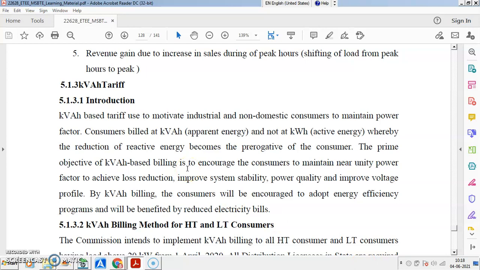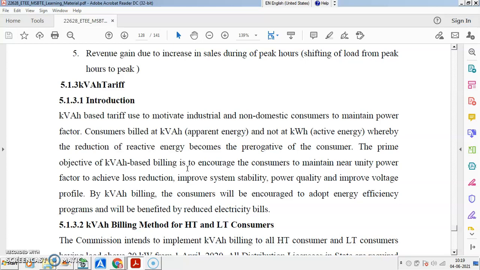So if they are feeding apparent power, that is kVAr, means kVA reactive, then definitely the penalty will be imposed because their kVAh reading will be more. What I am saying, are you able to understand?